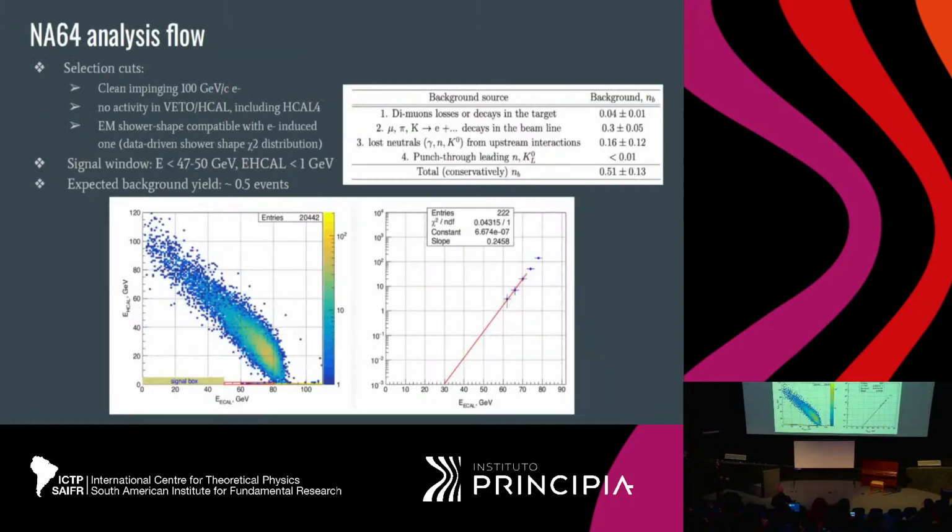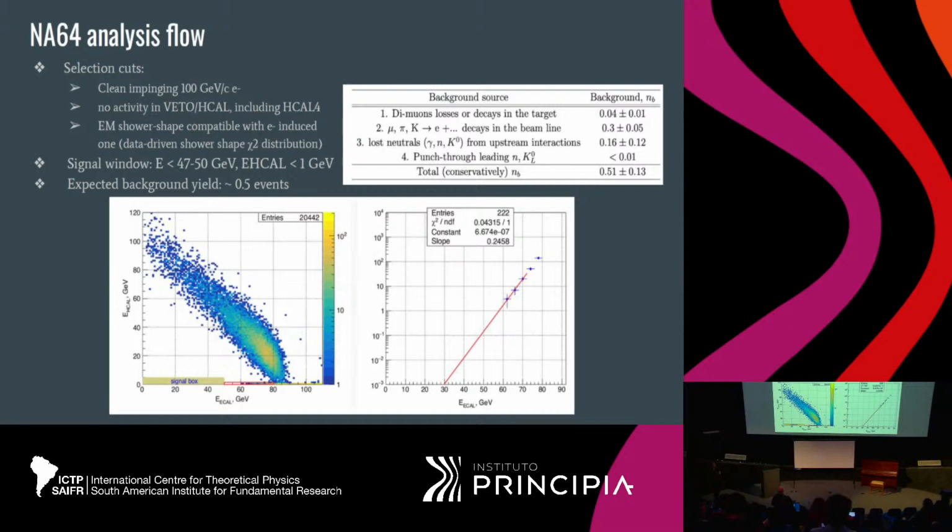Okay. Come now to the analysis of NA64, which has been collecting data for some years. And here is a typical so-called hermeticity plot of NA64. The analysis is done in that way: you apply all the cuts that identify, for example, a clean impinging electron track.